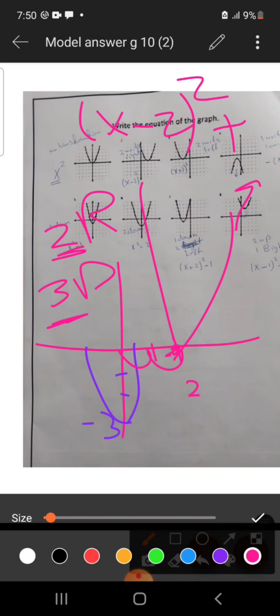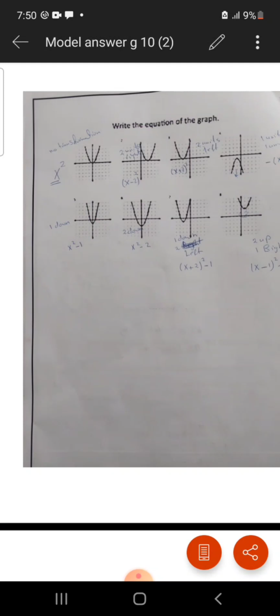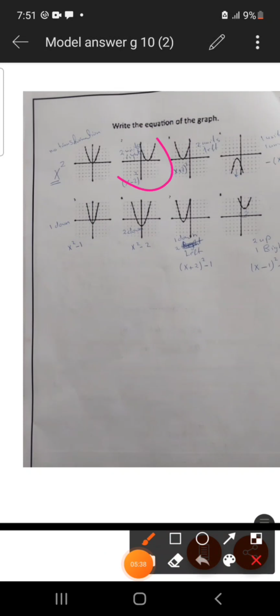Alone at the last. So here +3. Again, how can I do it from here? Let's see this question. What is the transformation here? 2 units right. How can I do it? Put right, so +2. You will put here -2 all squared.